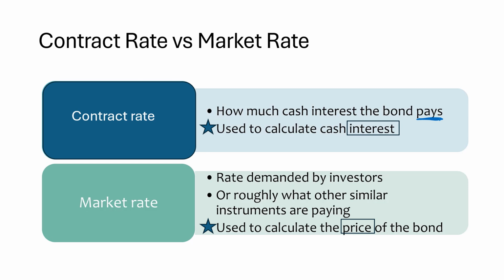It basically shows what an investor would be willing to pay for another similar instrument. It is used to calculate the price of the bond. And so that's a little extra added information that I didn't talk about in the previous video when I was just giving you the basics.